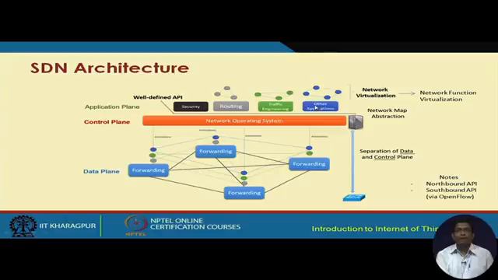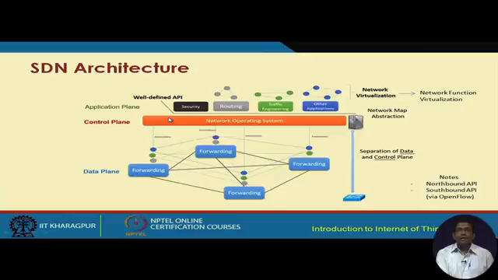One more concept I should mention before we proceed further is that we have three different planes in the SDN architecture: the data plane, control plane, and the application plane. And we have also seen that the data plane and the control plane are decoupled in SDN. Now, we have the concept of northbound API and southbound API.